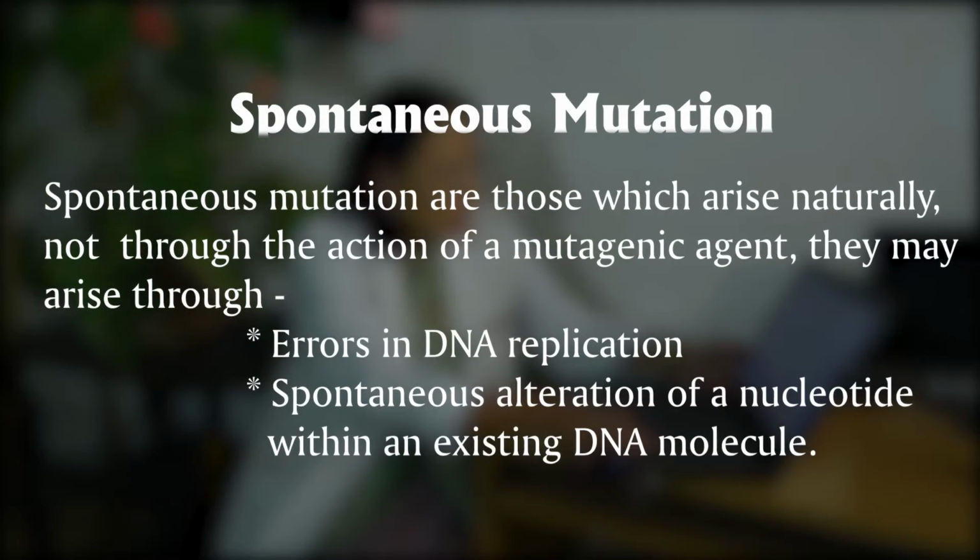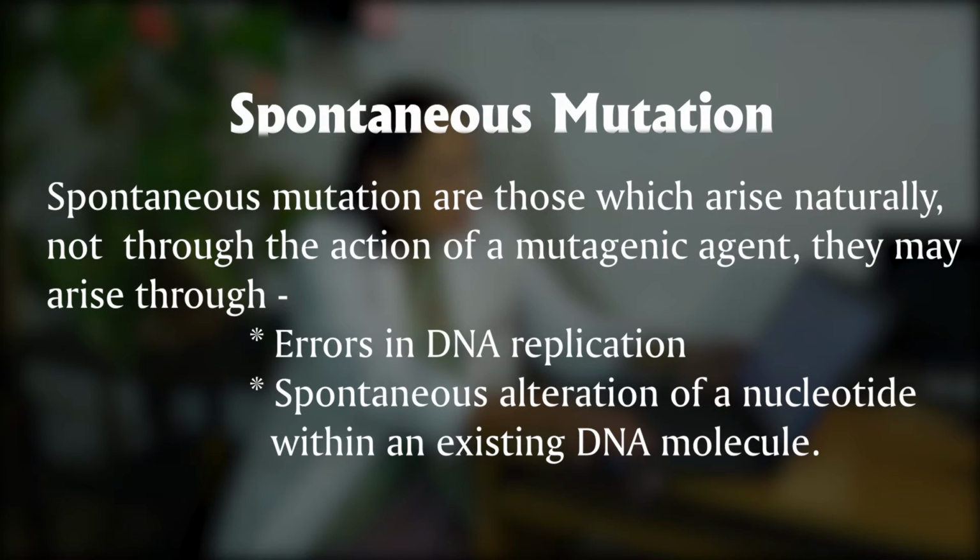Spontaneous mutations are those which arise naturally, not through the action of a mutagenic agent. They may arise through errors in DNA replication or spontaneous alteration of a nucleotide within an existing DNA molecule.